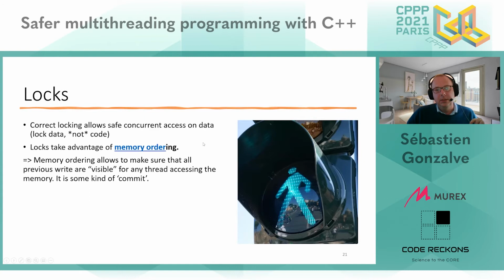How is this working? It's taking advantage of memory ordering that was introduced in C++11 as well. Please go see the presentation of Felipe, because he explained this really in depth. Here is a bad summary, I could say, but the memory ordering allows you to perform some kind of atomic commit in memory. I mean, you are able to say, well, from now I want everything that I wrote in memory to be committed.